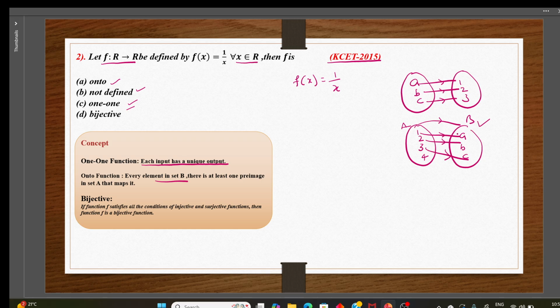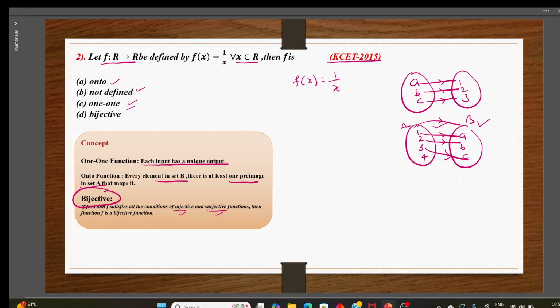This type of function is called an onto function. Bijective means the function satisfies both conditions, injective and surjective, that is one-one and onto. If both conditions are satisfied, the function is called a bijective function.